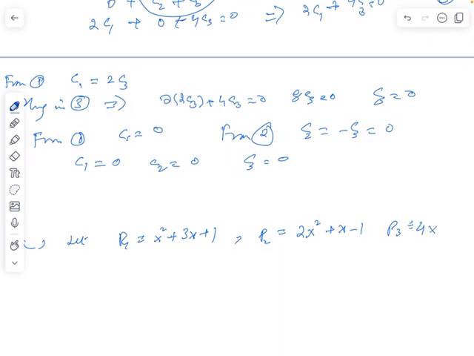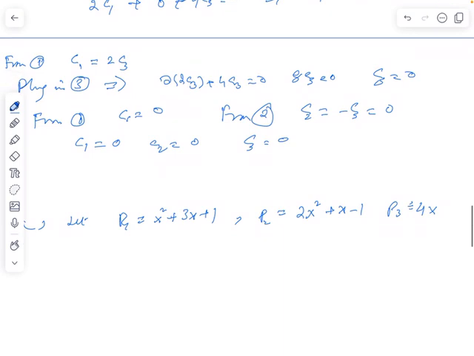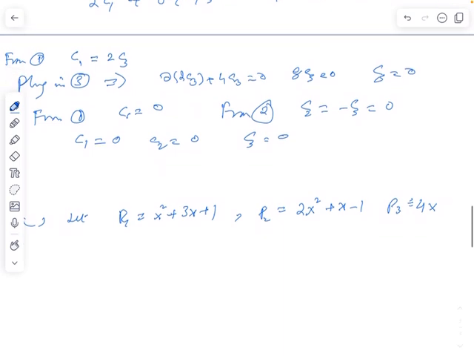Okay, so same thing, we want to check if they are linearly independent. So we say C1 P1 plus C2 P2 plus C3 P3 is equal to 0.